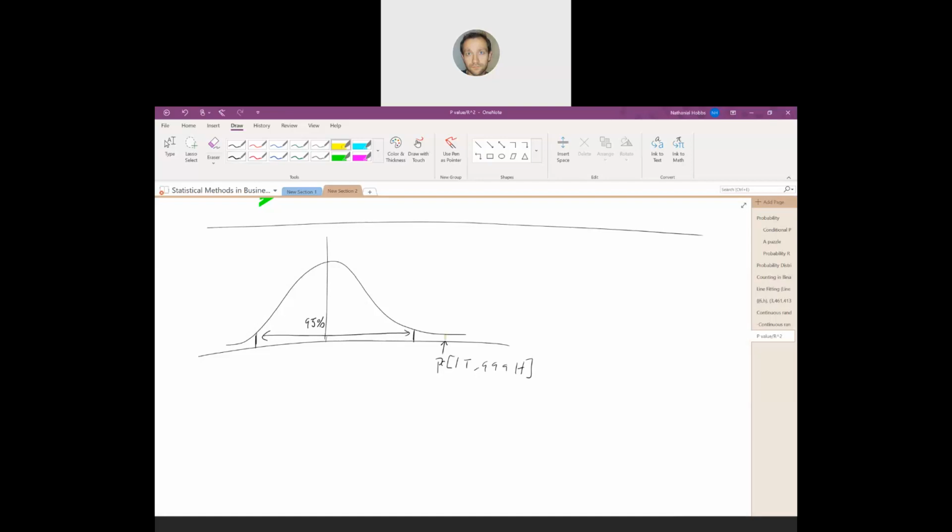That would be the probability of that event. And over here, this is the probability of 999 tails and a head. And this is the probability of everything smaller.